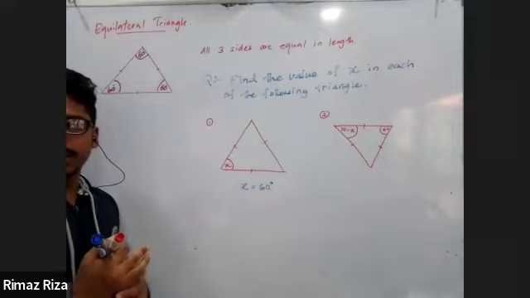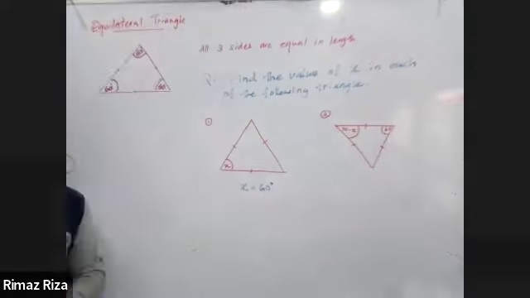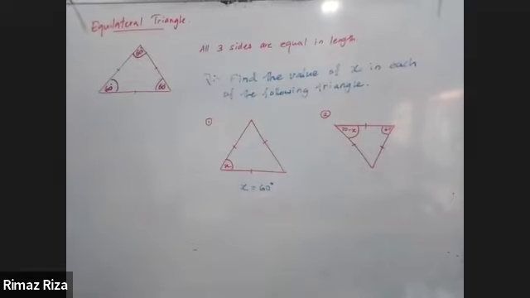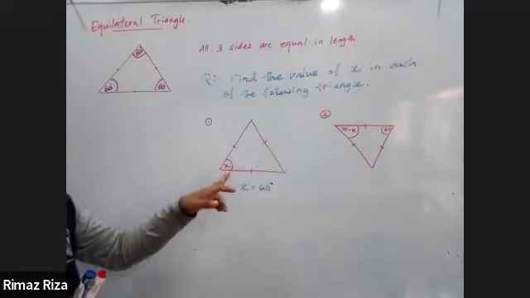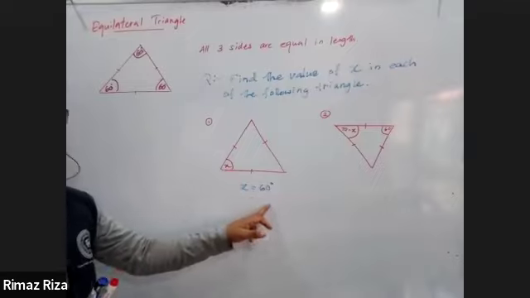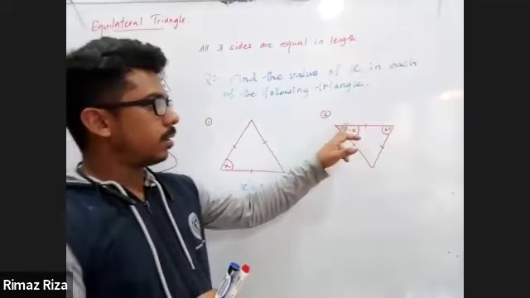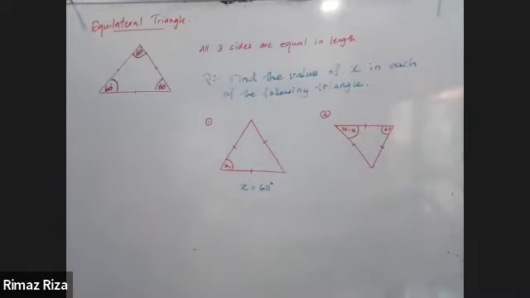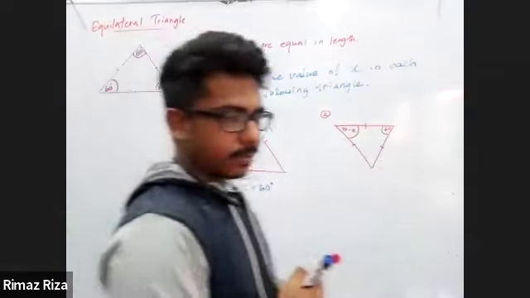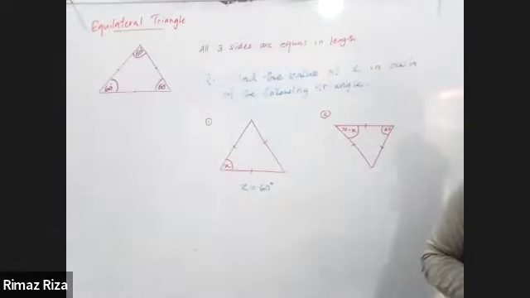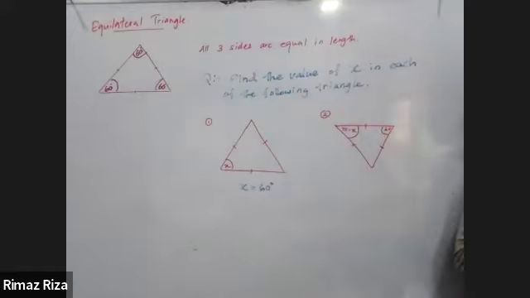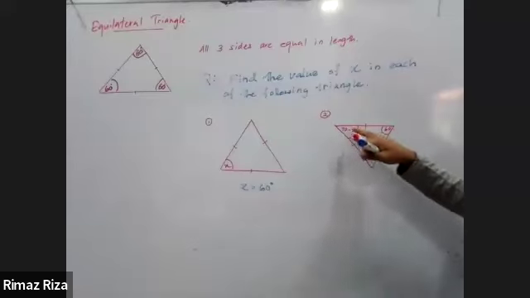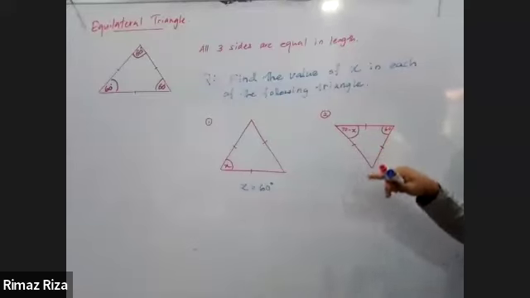Write in the book, I will come and check. If you know x equals 60, you can write x equals 60. That's what you have to think. By the way, my drawing here is bad. You have to draw an equilateral triangle.